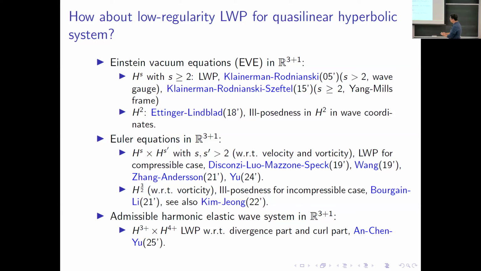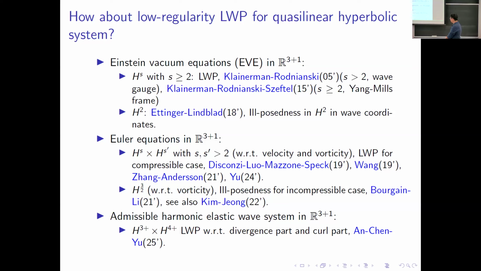Right. The third system is the admissible hyperelastic wave system. Hyperelastic material is a well-used material in material science. Within this family, there is a special family called admissible hyperelastic materials, which enjoys a slightly better decoupling structure.